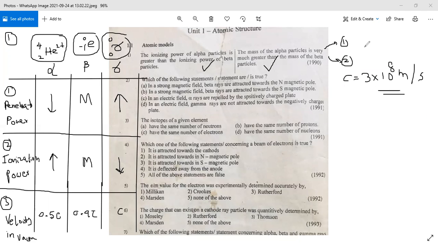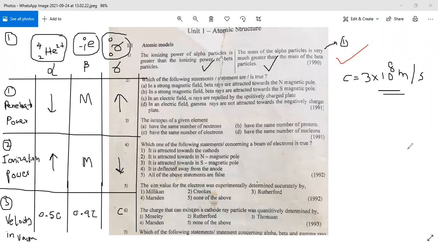Answer 1 means both correct, and the second statement explains the first statement. Answer 2 means both correct, but the second statement doesn't explain the first. Here, the second statement explains the first statement. So here the answer is 1. That is the point.